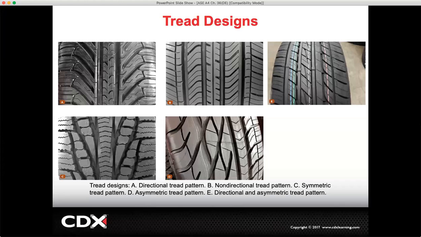Symmetric tread patterns have the same tread pattern on both sides of the tire. Asymmetric tread patterns have a tread pattern that is different from one side of the tire to the other. And then there are tires with both directional and asymmetric tread patterns.